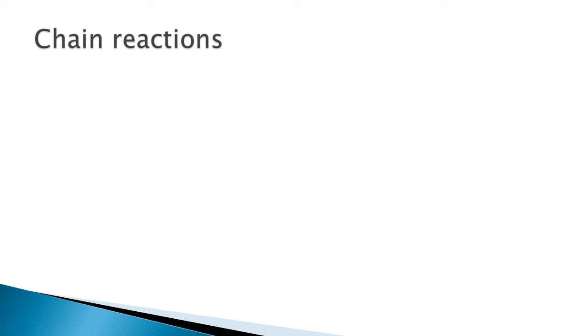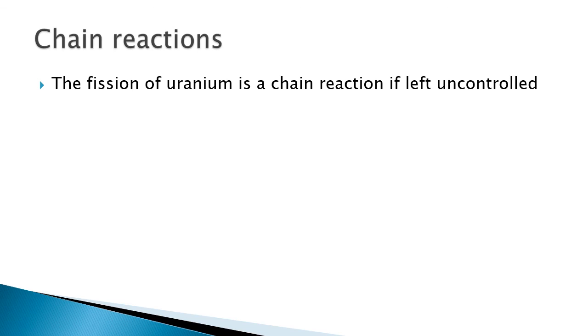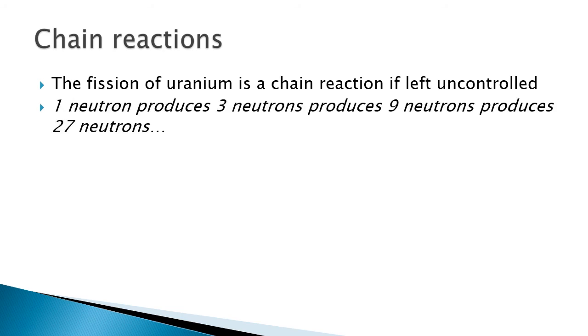Because a nuclear reaction actually is a chain reaction. And this is dangerous because the fission of uranium is an uncontrollable reaction if we don't actually control it. What happens is one neutron is used to break apart the uranium. However, when the uranium breaks apart, at the end result, it actually sends out 3 more neutrons.